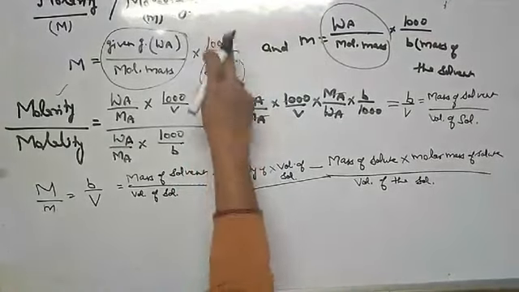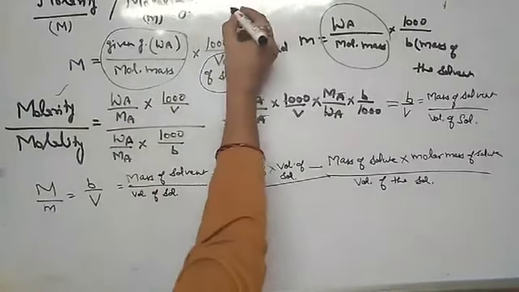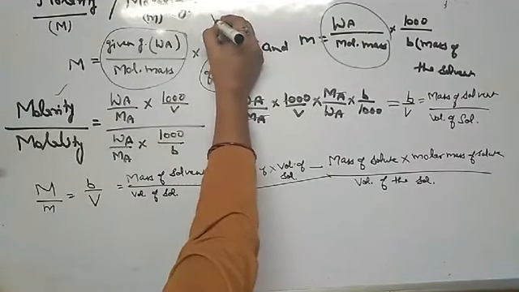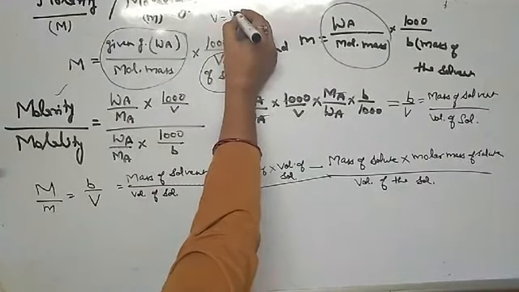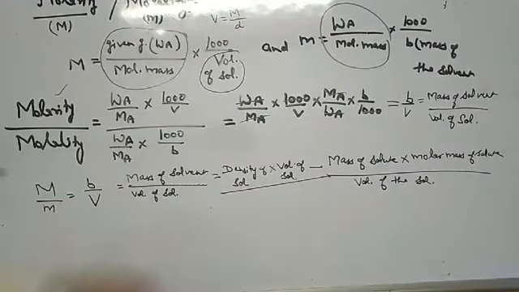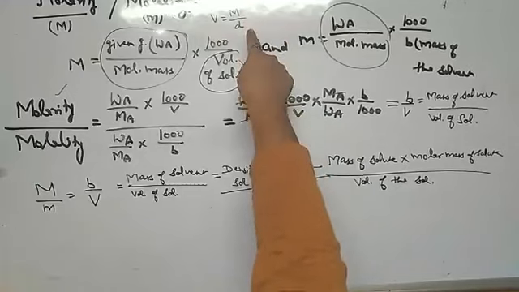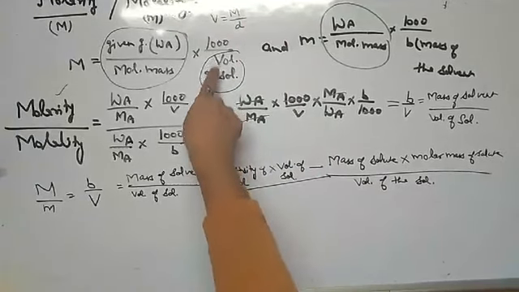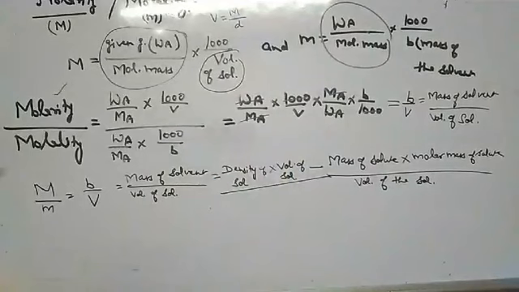Then how can we find out this volume? If we want to find V, V is equal to mass upon density, total mass of the solution upon density. You can apply this formula, mass upon density, density on the lower side.